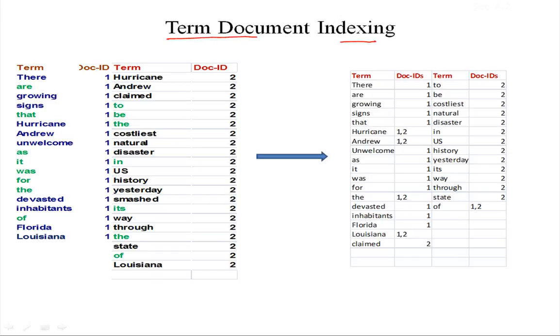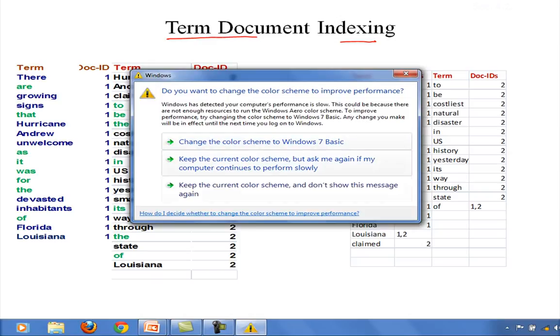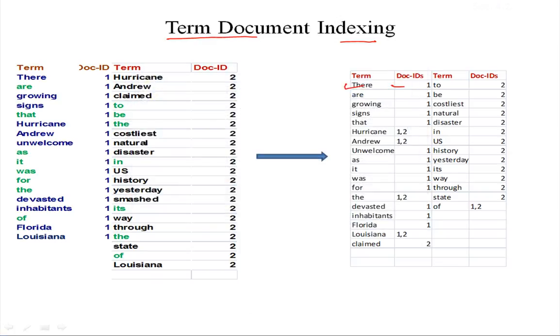In this case, we will write the term and then assign the documents in which that term occurs. For example, the term there occurs in document ID 1 and doesn't exist in document ID 2. So I will put here document ID 1.